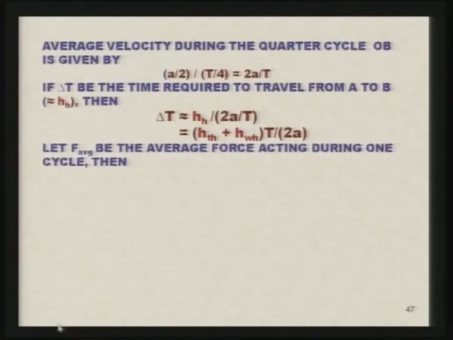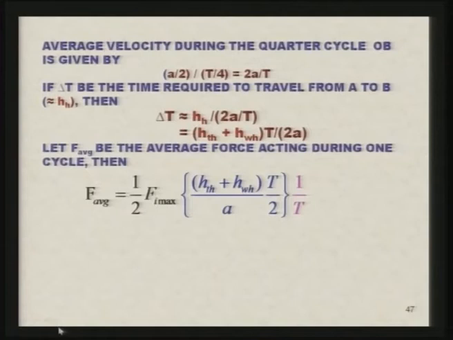Now, here let F average be the average force acting during one cycle. Then F average can be written as 1/2 F_i maximum multiplied by (h_T + h_W) multiplied by T/2A, divided by 1/T.